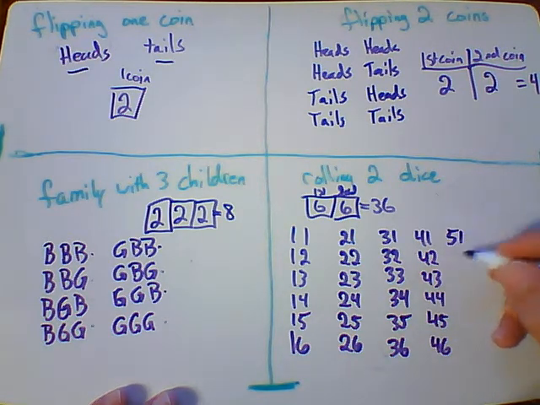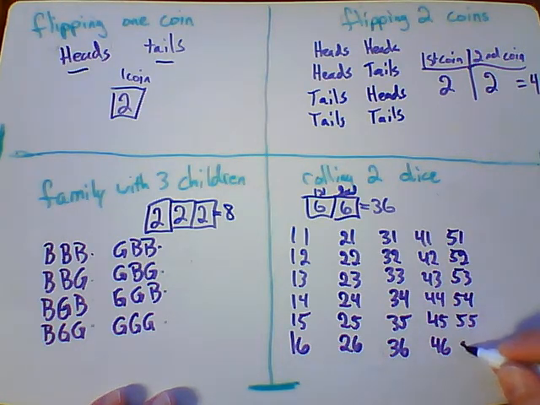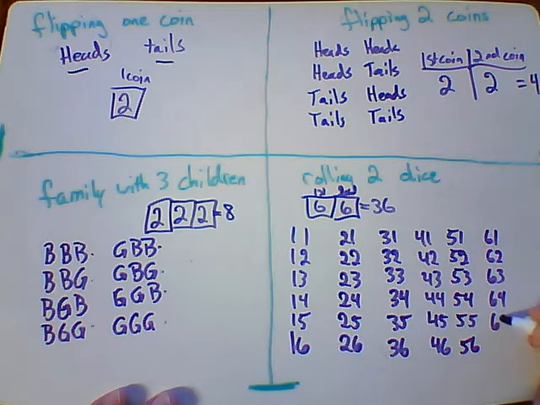Or 5 and a 1 through 5 and a 6. Or 6 and 1, 6 and 2, 6 and 3, 6 and 4, 6 and 5, or 6 and a 6. That is all 36 possibilities.